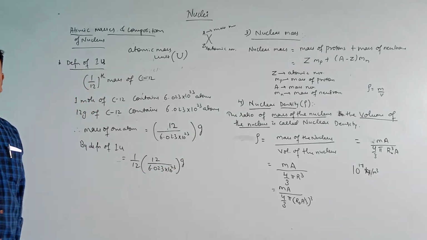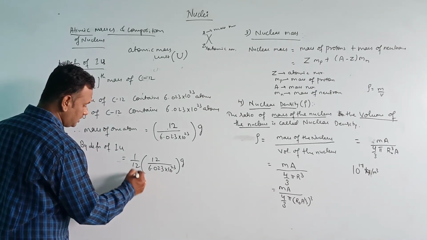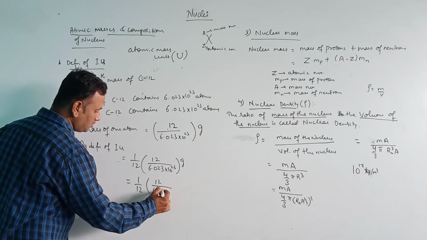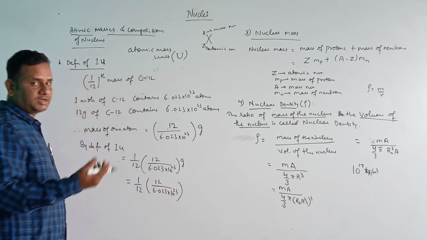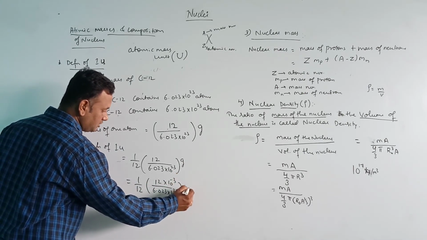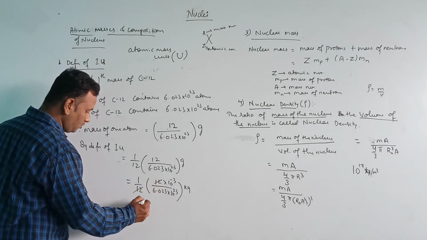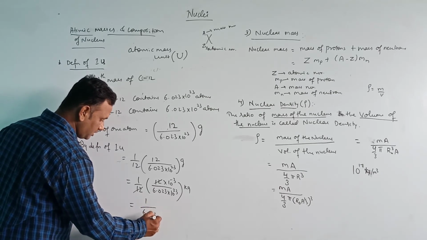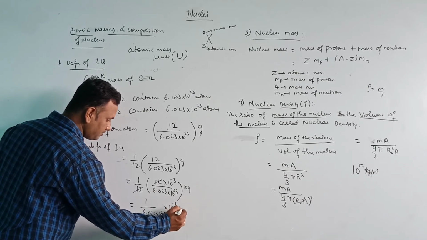Now we want to measure in terms of kg, so we convert gram to kg by multiplying by 10 to the power of -3 kg. The 12 cancels, so it is 1 divided by 6.023 into 10 to the power of 23 into 10 to the power of -3 kg.